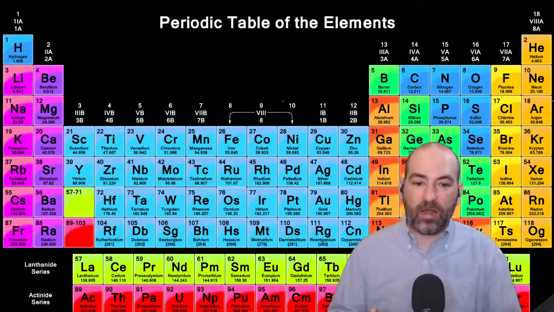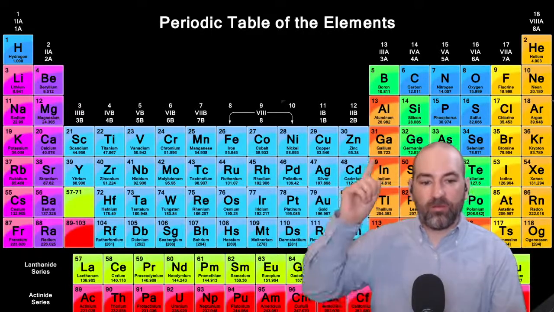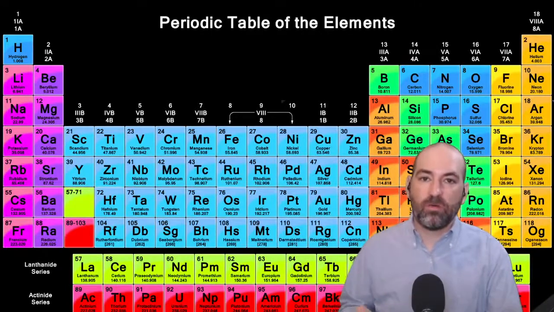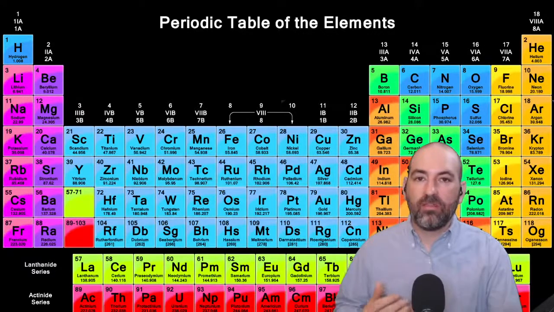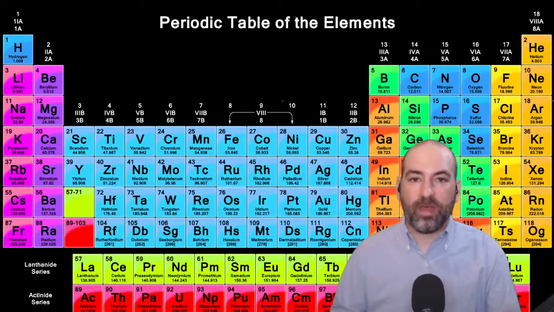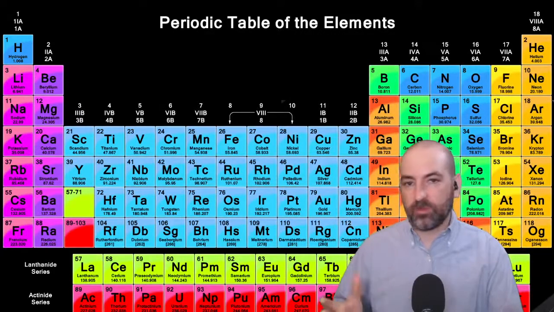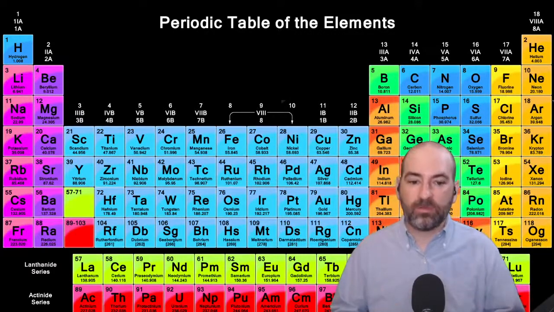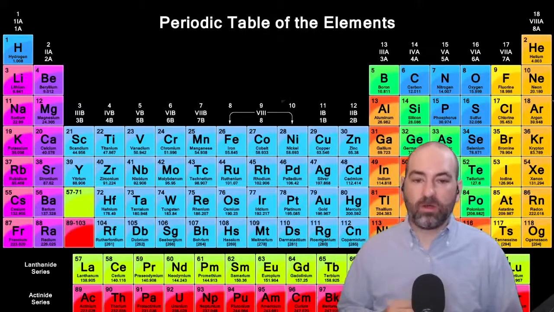So if one atom weighs, for example, 12.011 atomic mass units on average, then 1 mole of that atom, so if you have 6.02 times 10 to the 23rd carbon atoms, would weigh 12.011 grams. So we can use that same number now to talk about grams of a mole instead of atomic mass units.